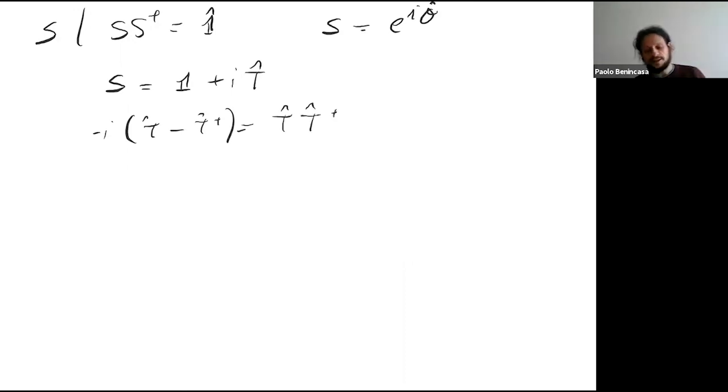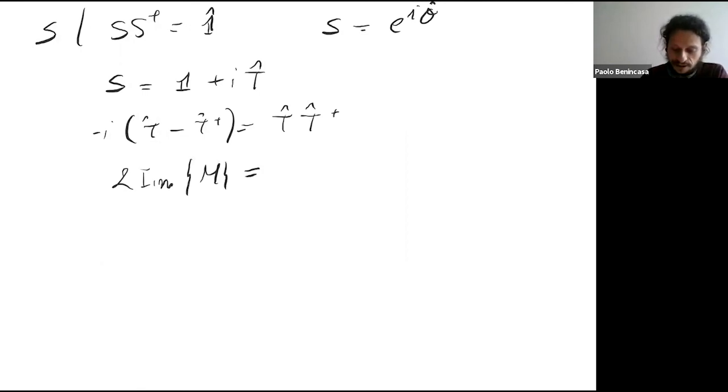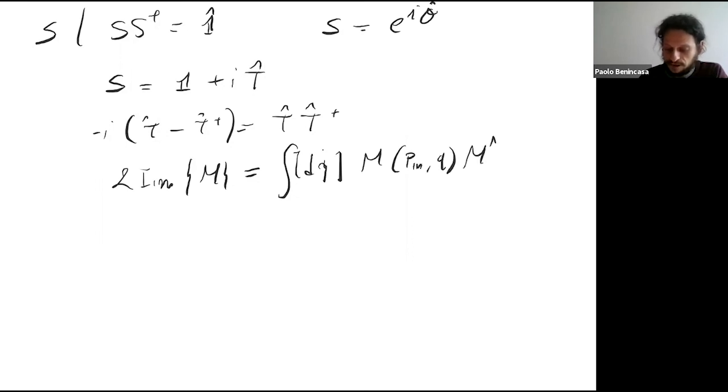Then you sandwich with states, and you get that 2 times the imaginary part of the amplitude is given by an integral over some set of states, for the amplitude which depends on some in states and q, and the amplitude bar which depends on out states and q.